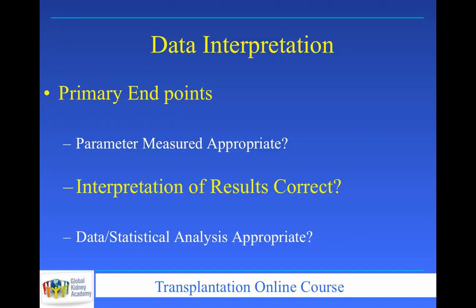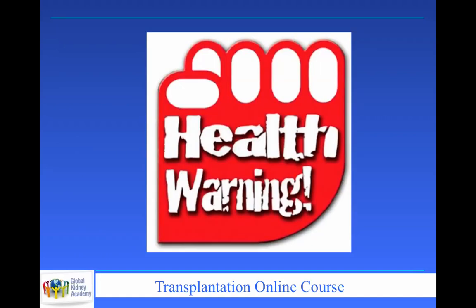And always remember, a result doesn't have to be a positive result, doesn't have to be a negative result. A result is a valid result, whether it's positive or negative. And then we need to see whether the interpretation of the result and the data is correct. So let me stop here for a second and flash some warnings, health warnings.